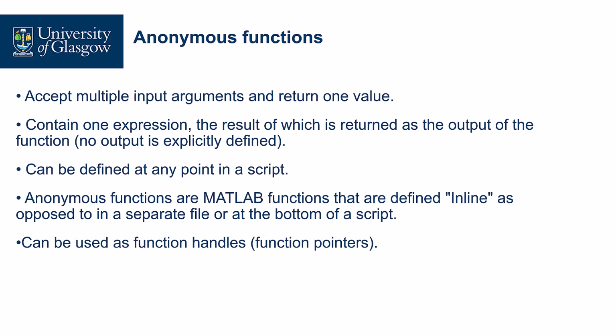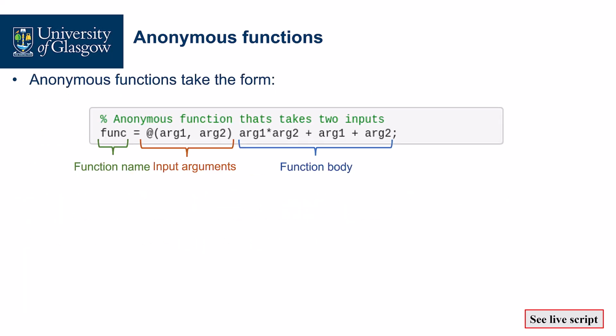So now let's see an example of an anonymous function. Function name equals add, followed by the input arguments, then the function body. From this example, we can analyze how this anonymous function works.